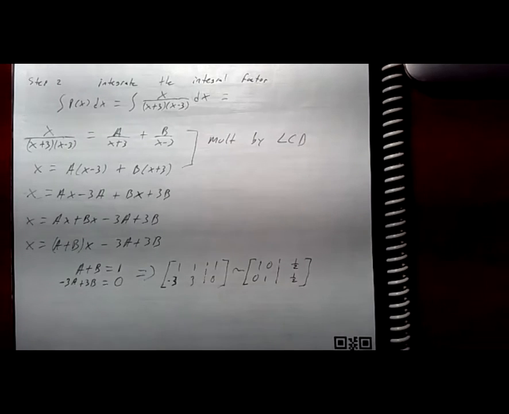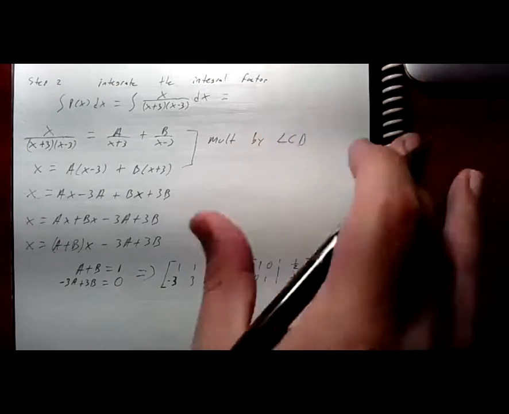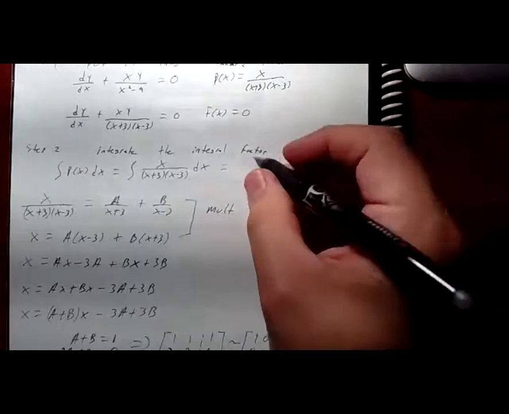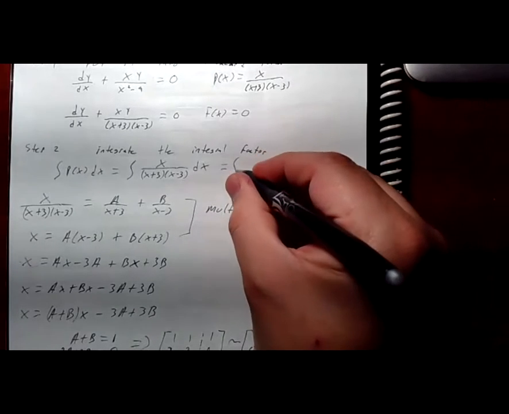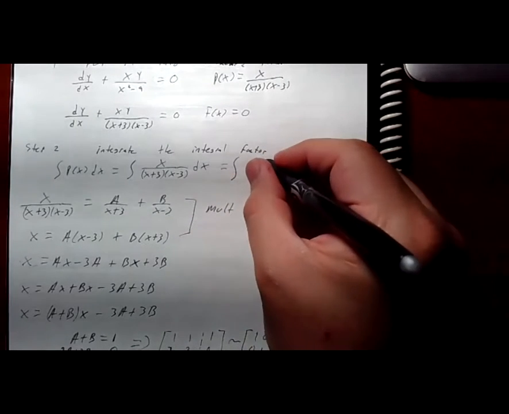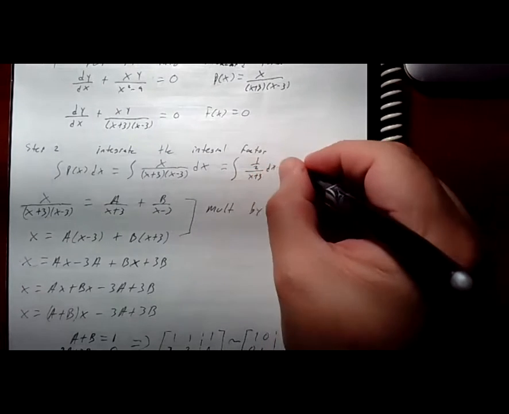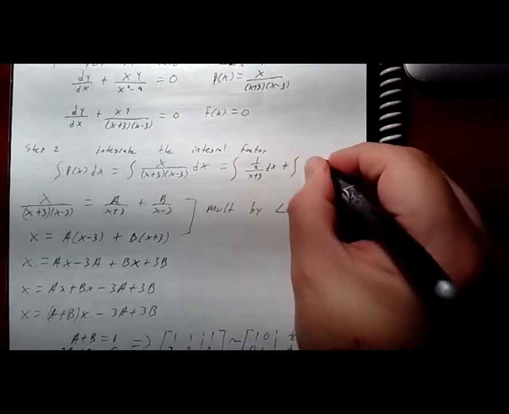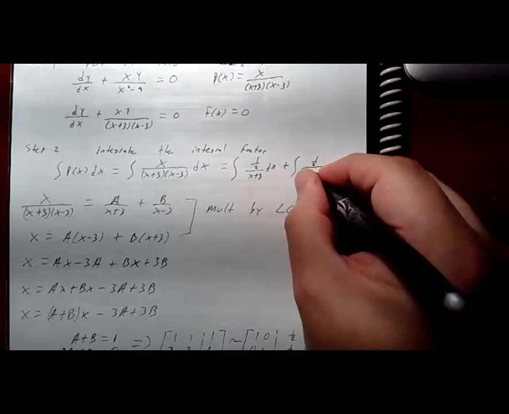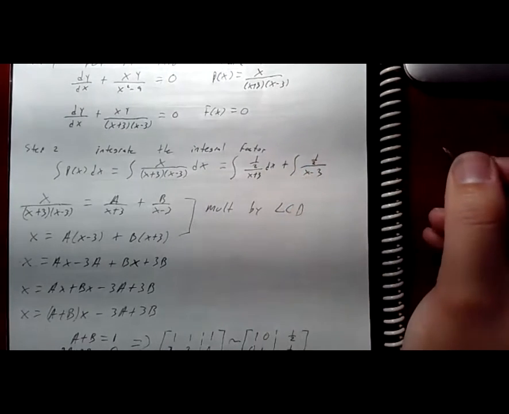So now we can go back here and say this is equal to the integral of 1/2 over x plus 3 plus the integral of 1/2 over x minus 3.